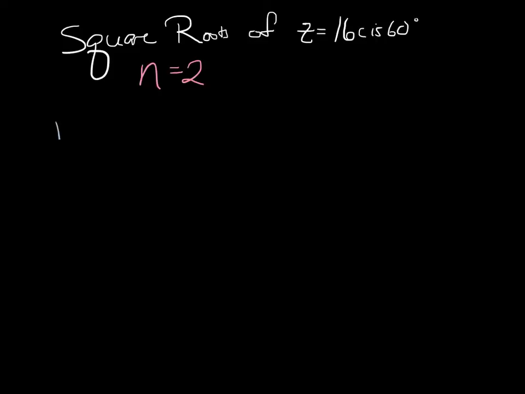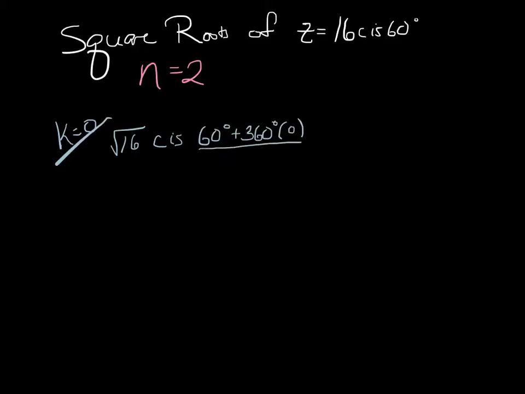Now first we start with k being equal to 0. And we're just going to plug in like the formula you saw on the previous page. So we're going to do radical 16, the square root of 16, cis. We take the angle plus 360 times k all over n, and n is equal to 2.